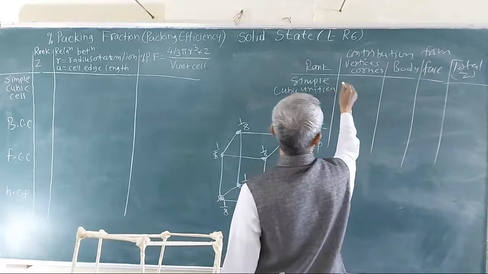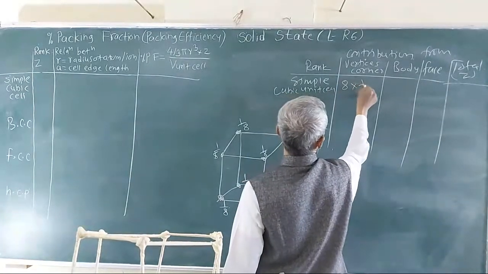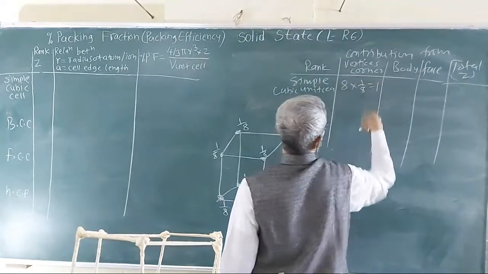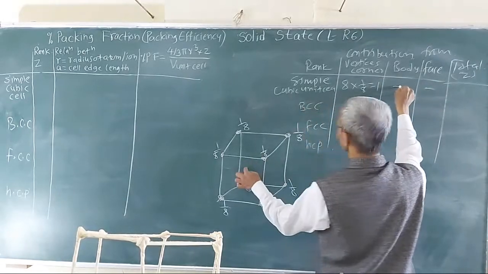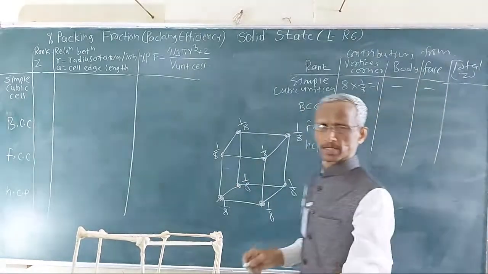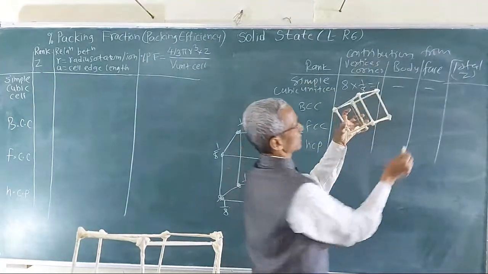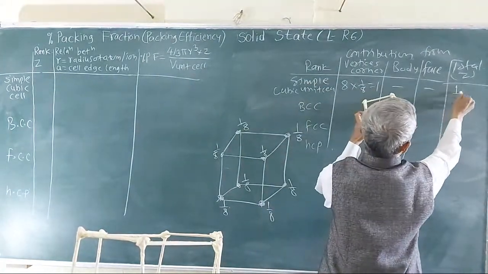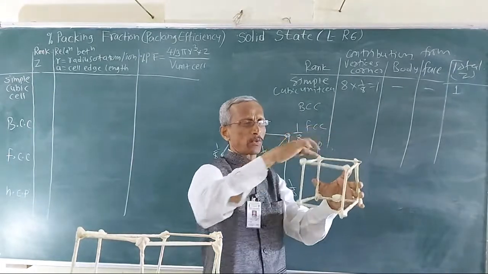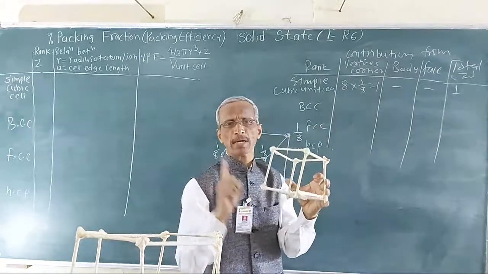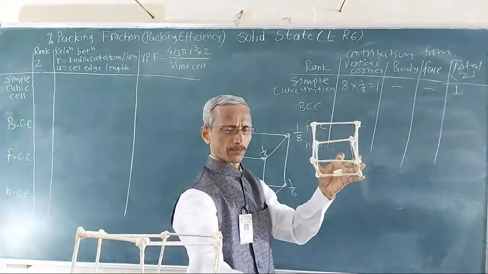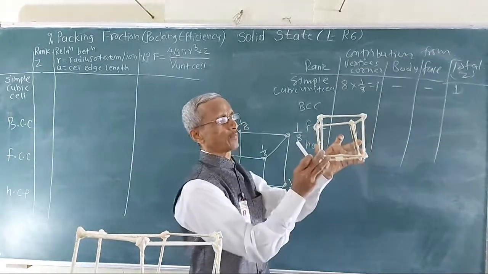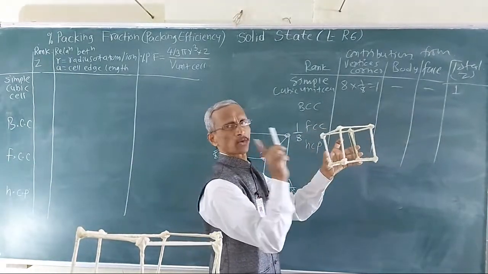So here, as you know, there are 8 vertices and the contribution is 1 upon 8. So this is the 1. There are no atoms or ions at the body center or face center in a simple cubic cell. This is the simple one. Okay. So here, even though there are 8 vertices, 8 atoms are there, the net or effective atoms or ions are only 1.